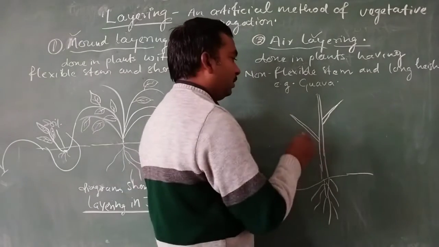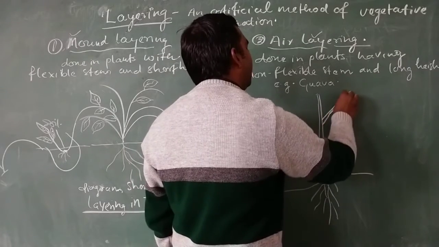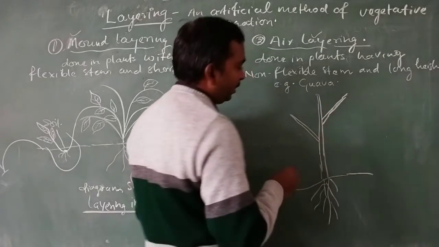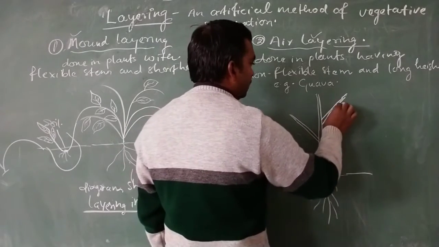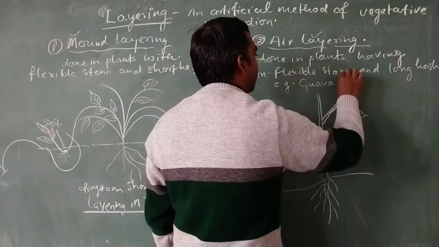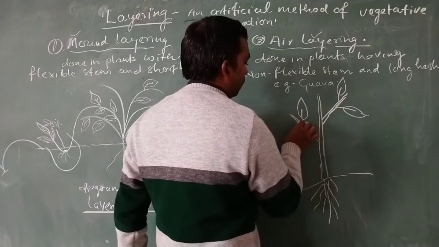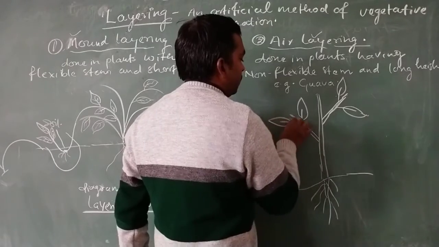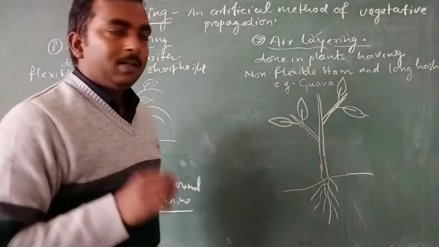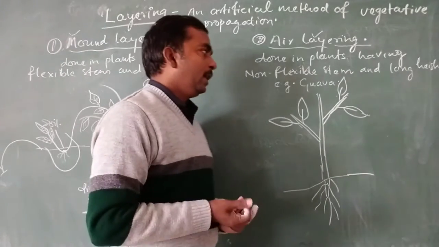So in this kind of process, suppose this is the guava plant. So we select a single branch or more than one branch to do air layering.